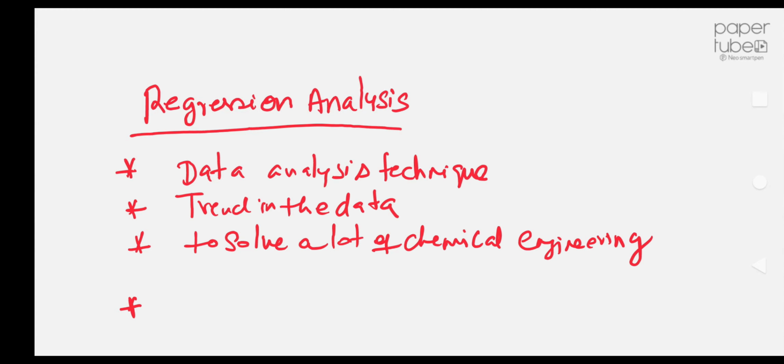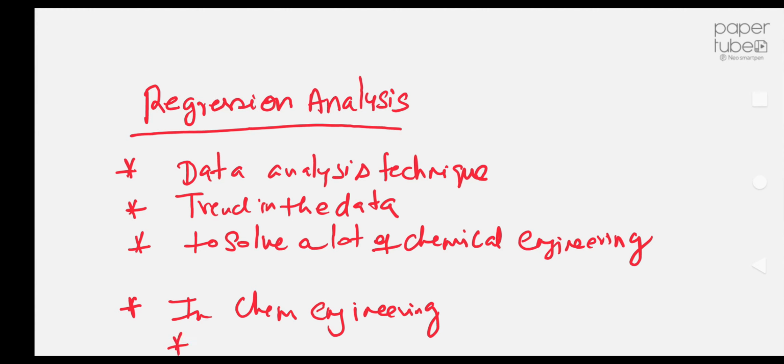I can give some examples of when we need regression analysis to solve some chemical engineering problems. In chemical engineering, the most common examples come from reaction engineering.